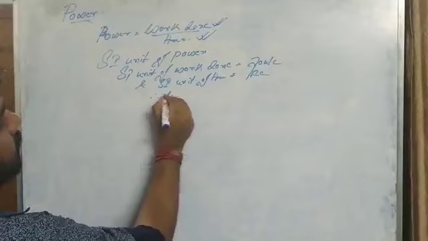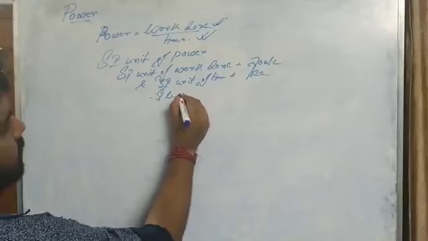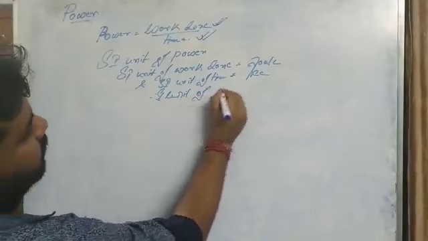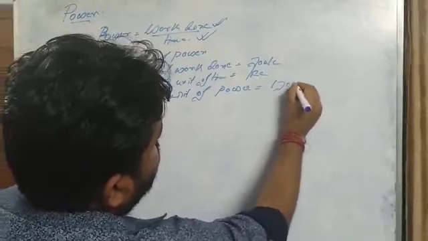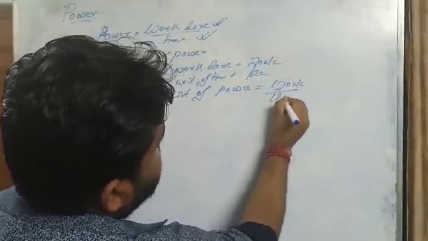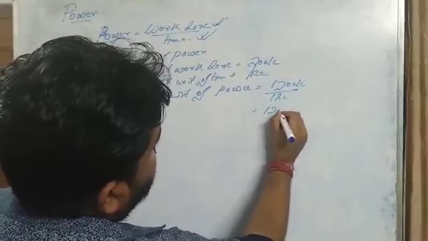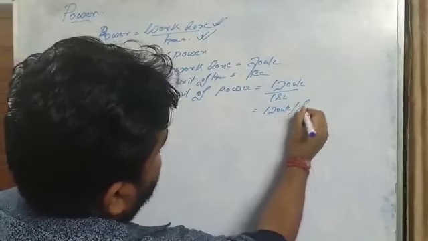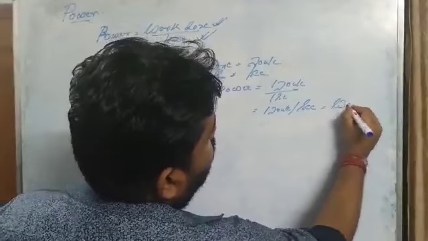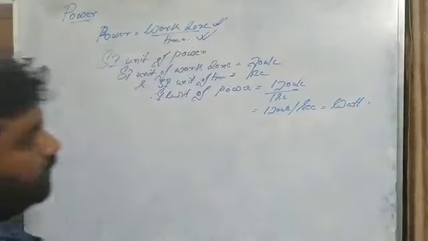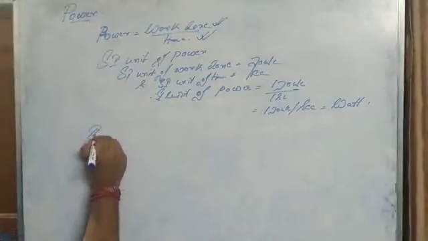Therefore, SI unit of power equals 1 joule by 1 second, that is 1 joule per second. It is also known as watt.